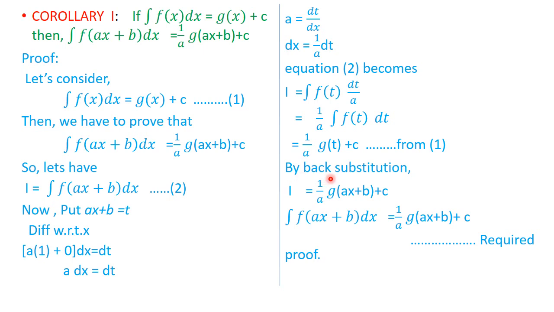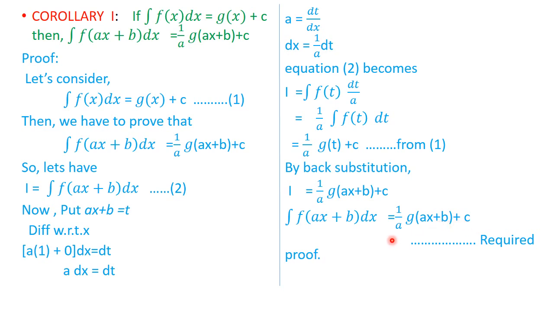So by back substitution, I is equal to 1 by a g of ax plus b plus c. And what is your I? Integration of f of ax plus b dx is equal to 1 by a g of ax plus b plus c.